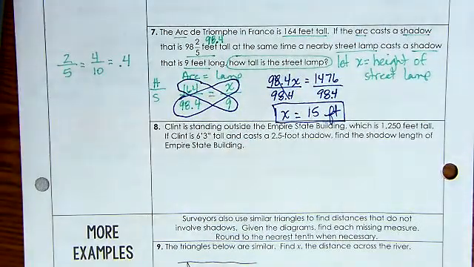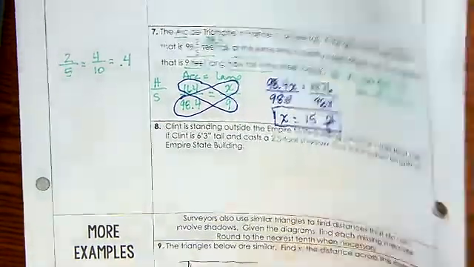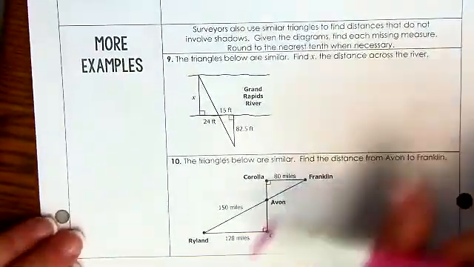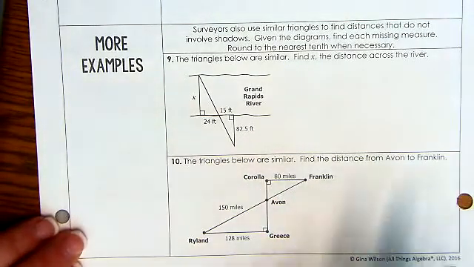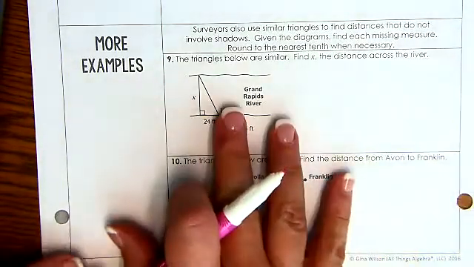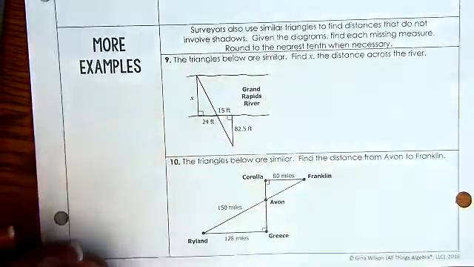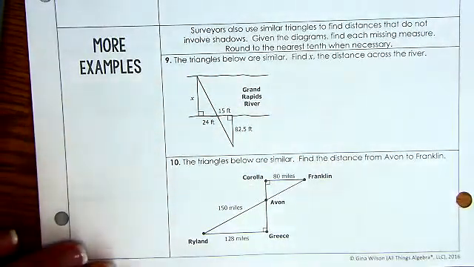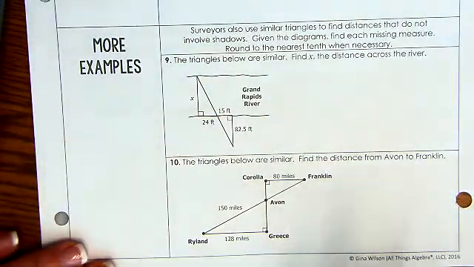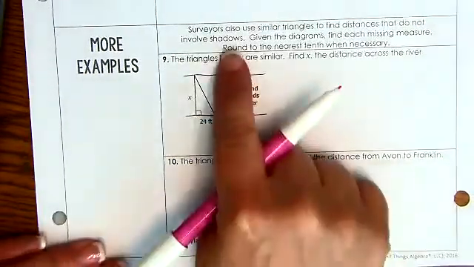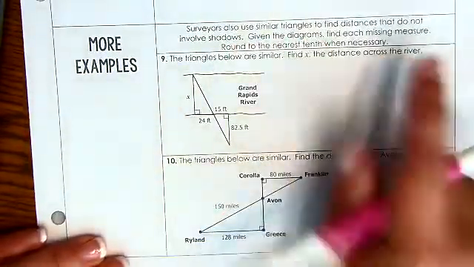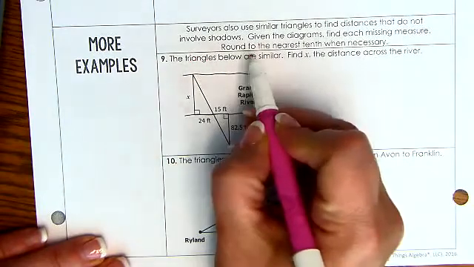Jumping down to a little bit different type of problem. Let's look at number 9. This is used quite often. We use shadows for measurement, but surveyors, in architecture, landscape architecture, civil engineering, construction of anything, also use similar triangles to find distances that do not involve shadows.